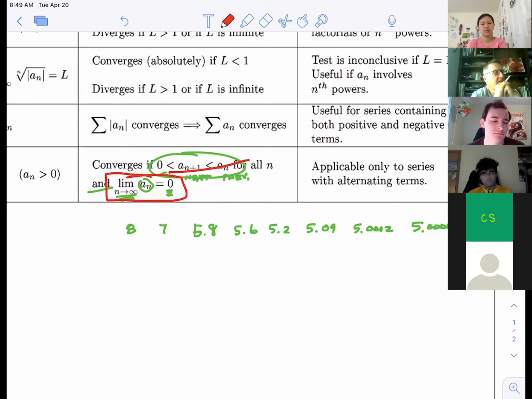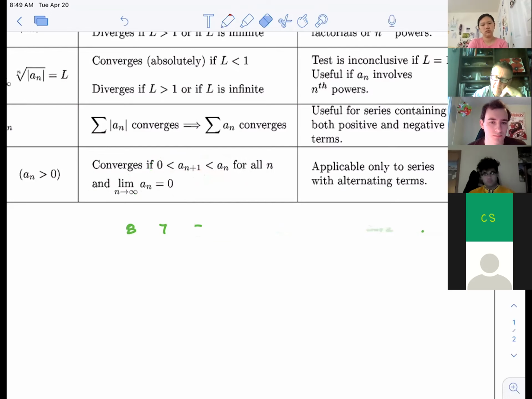And by the way, let's see. Clean this up a little bit.